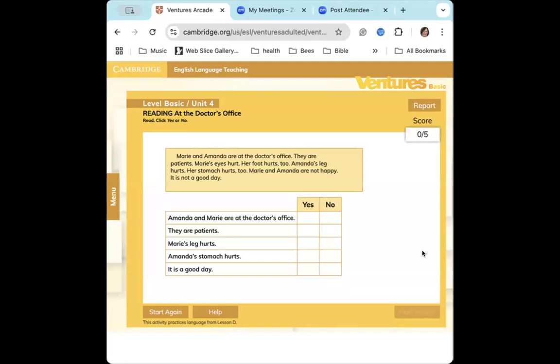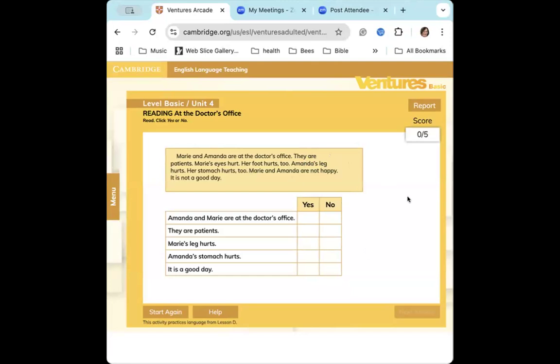Okay, are they at the doctor's office? Yes or no? Are they patients? Yes or no? Does Marie's leg hurt? I have to look up here. Whose leg hurts? Amanda's stomach hurts?